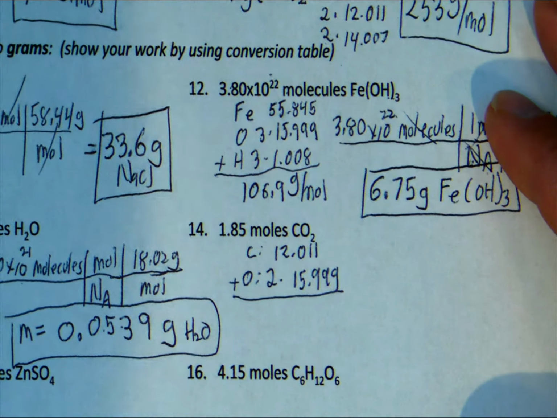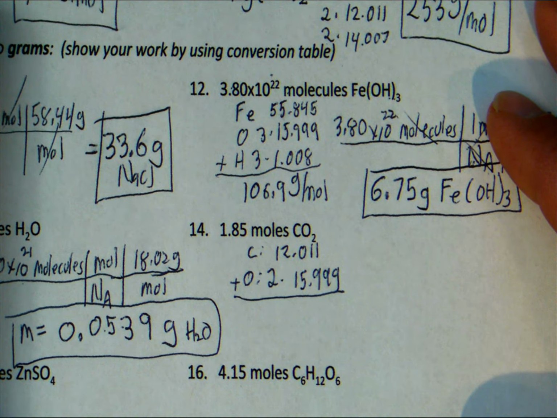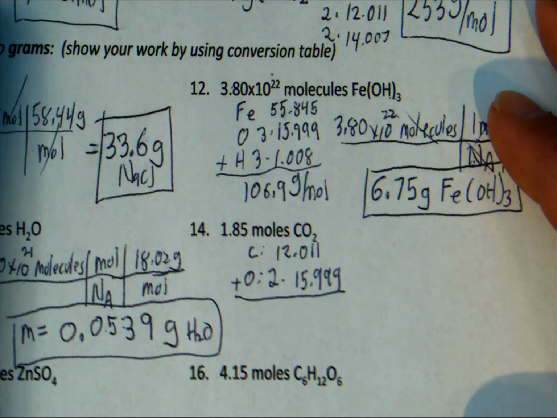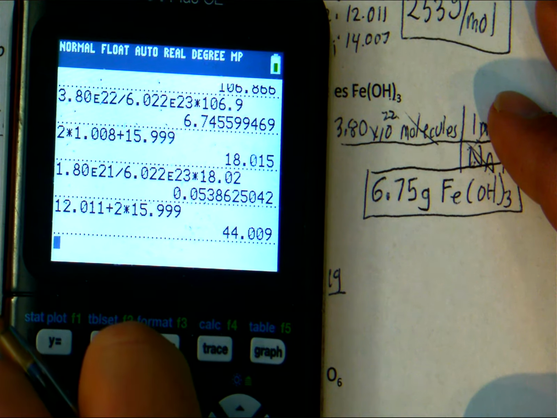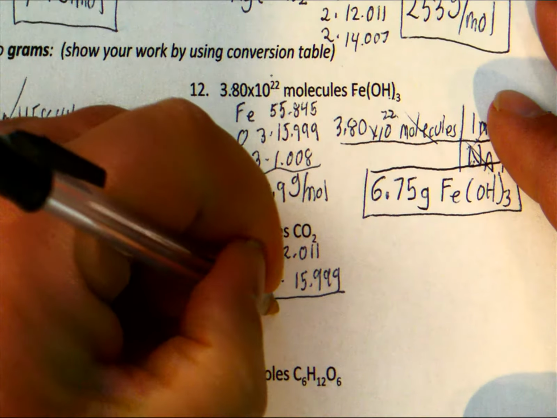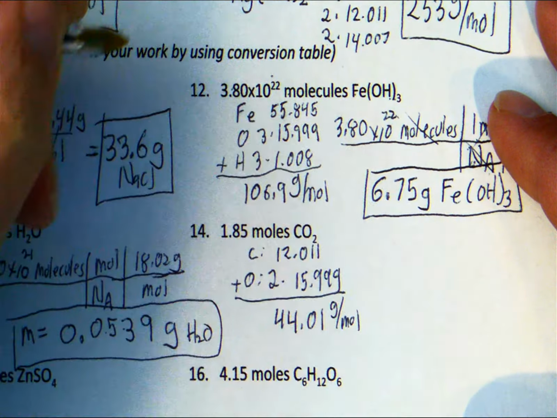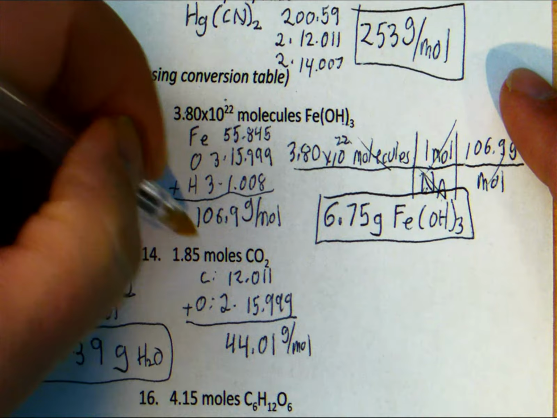So the molecular mass of carbon dioxide is 12.011 plus 2 times 15.999. Enter. And I get 44.01 grams per mole. Here, I don't start with molecules, I'm already in moles.